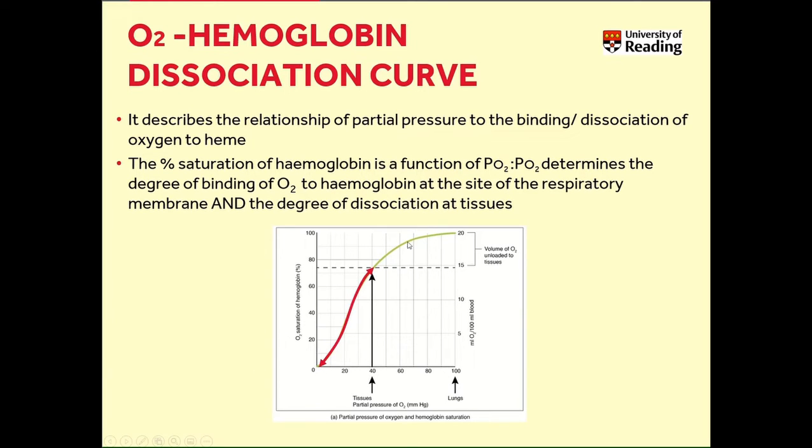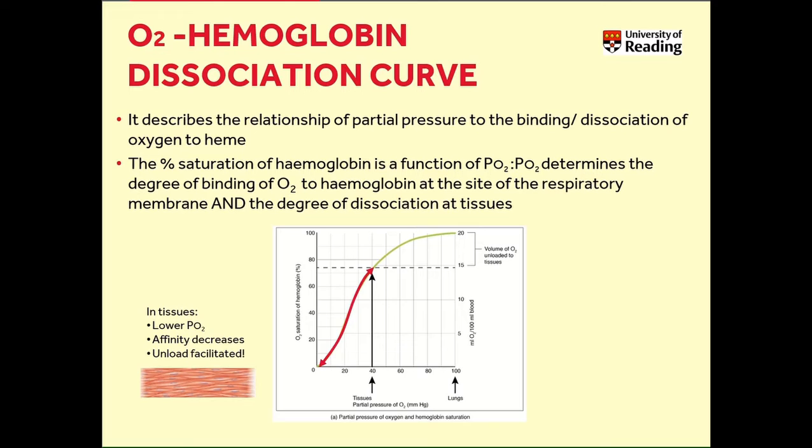The sigmoidal shape of the curve explains why oxygen is loaded into pulmonary capillaries, and unloaded from systemic capillaries into the tissue. So in tissue, you have a lower partial pressure of oxygen, and the affinity of hemoglobin for oxygen is decreased.